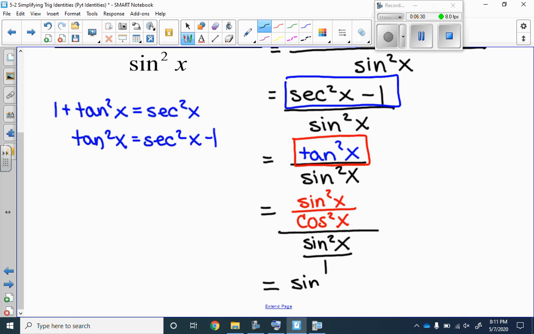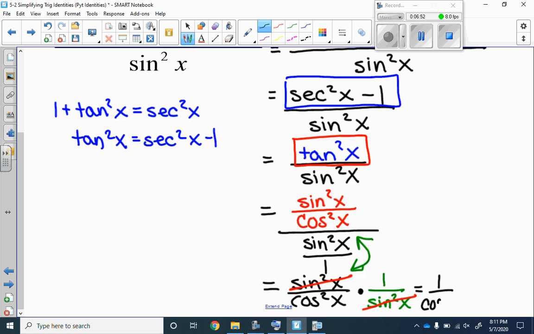So we take sine squared x over cosine squared x and multiply it by 1 over sine squared x. Now our sine squared x's cancel out. I have 1 over cosine squared x, and that can be rewritten using the reciprocal identity as secant squared x.